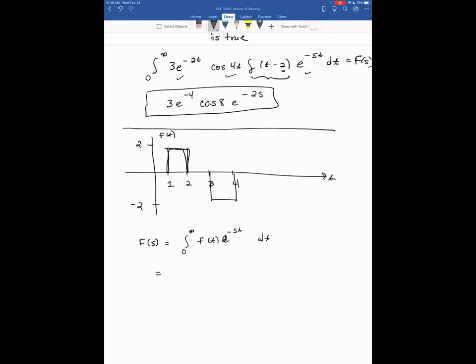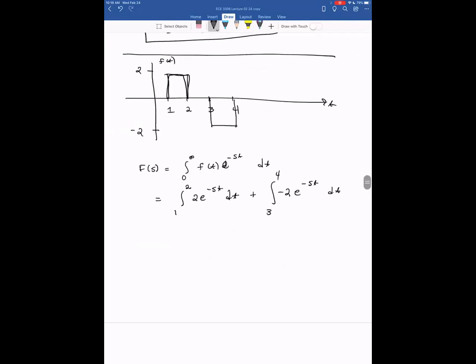So I'm going to split this integral, because most of it's going to be 0, into the integral from 1 to 2 of 2 e to the minus st dt plus the integral from 3 to 4 of -2 e to the minus st dt.